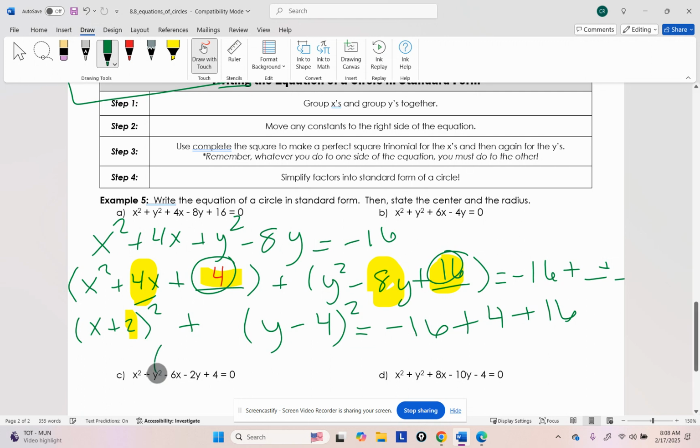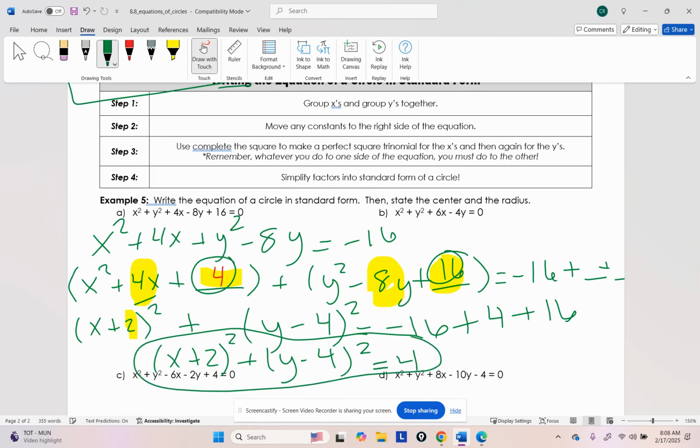Our final answer is x plus 2 squared plus y minus 4 squared equals 4, since negative 16 plus 16 is 0, and 0 plus 4 equals 4. And that is our final answer for A.